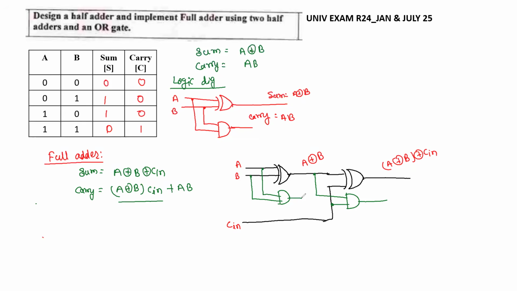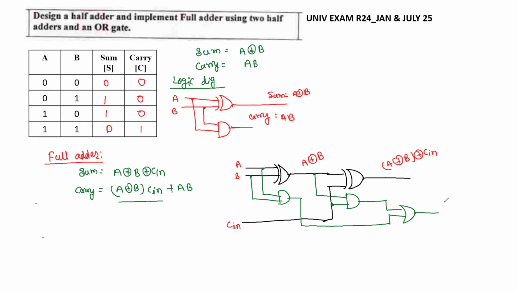Now this AB is being added to the previous first term, so that's why an OR gate is required.